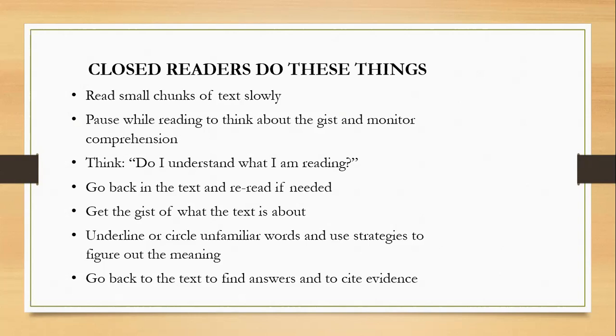Number four, go back in the text and reread if needed. Number five, get the gist of what the text is about. Number six, underline or circle unfamiliar words and use strategies to figure out the meaning. And number seven, go back to the text to find answers and to cite evidence.